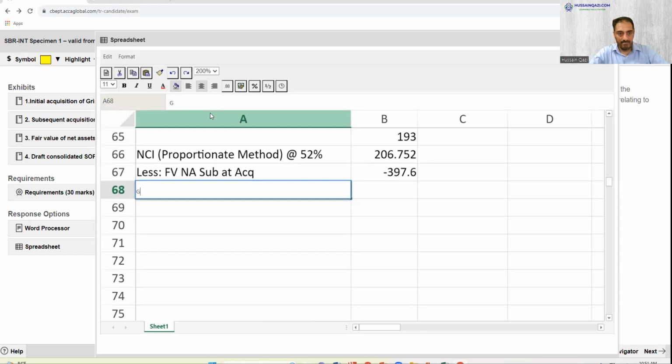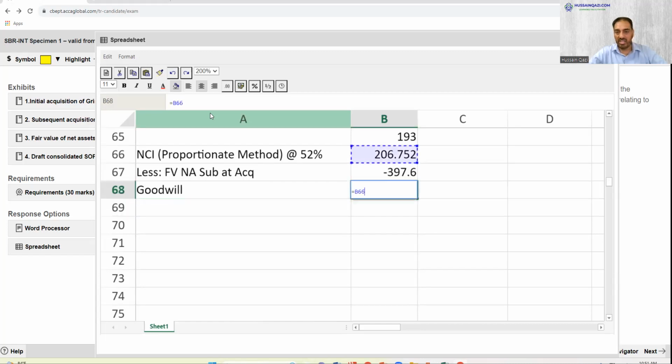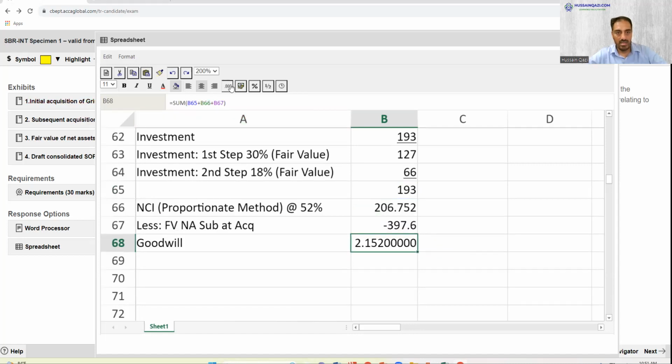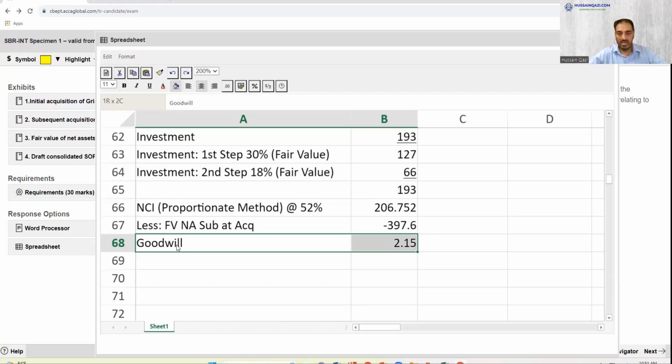So goodwill at acquisition and consolidation date, because the acquisition and consolidation dates are the same, is 2.15.